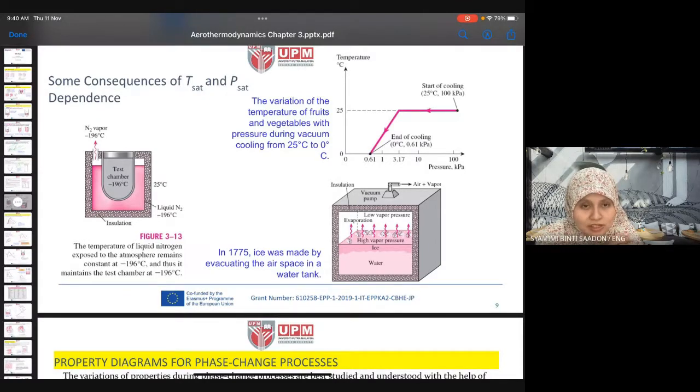So it is an important indicator for us, so that we know at what temperature we need to manipulate to handle the substance. So it is important for us to know the saturation temperature, so we know when cooling will happen and when vaporization will happen.